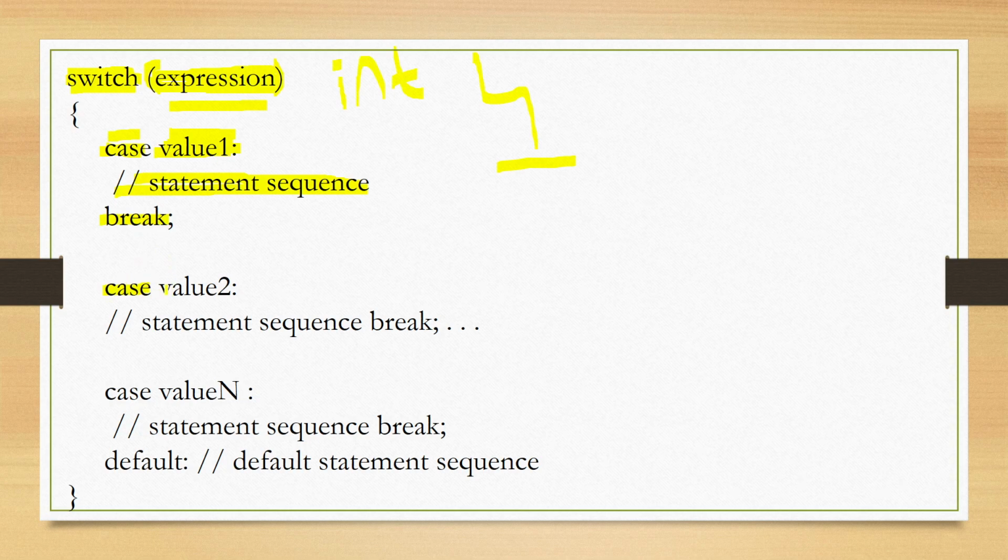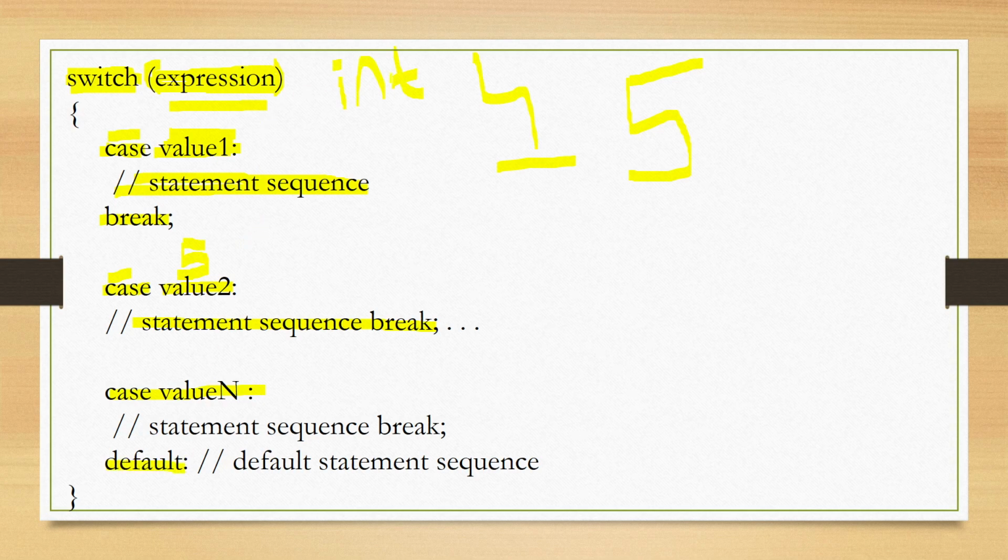Then case and then value 2. Suppose the value of the expression is 5, then for case 5, we execute this set of statements, and then there would be another break keyword. This can go on up to n number of times, and then we write the default case.